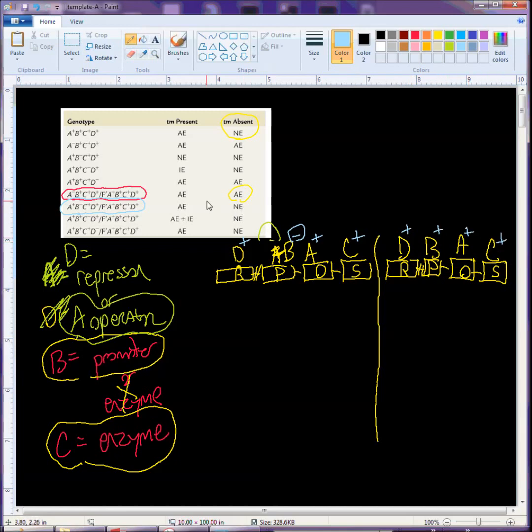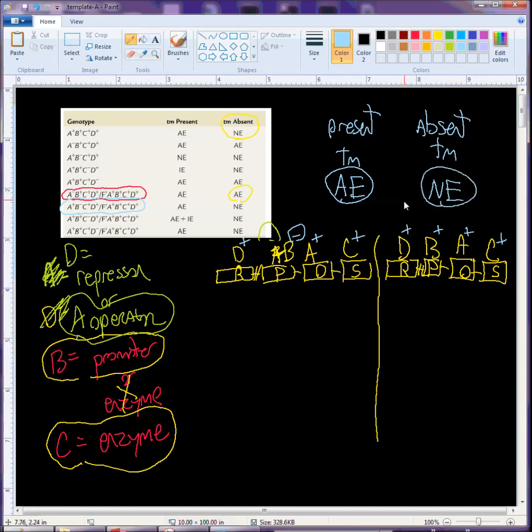So, in this case, everything works normal, okay? Theoretical molecule is present, we have active enzyme, or AE means active enzyme. And when TM is absent, we have no enzyme.